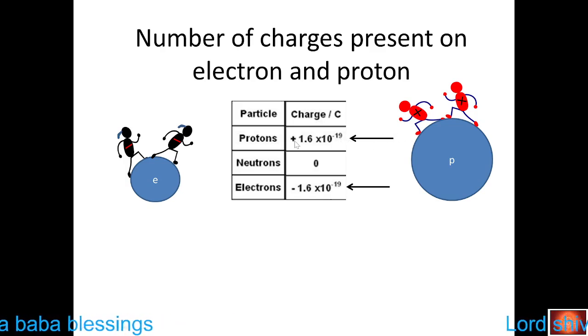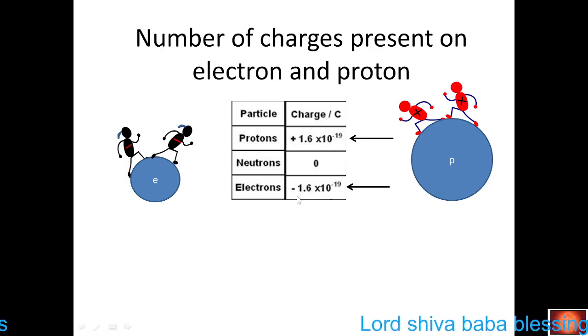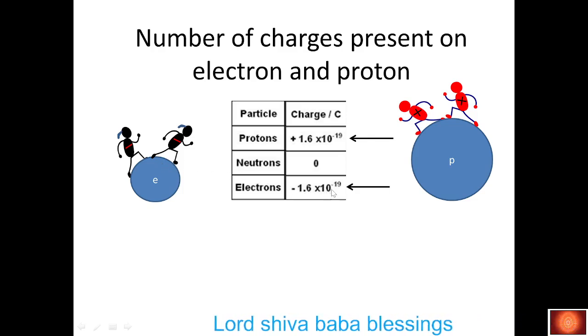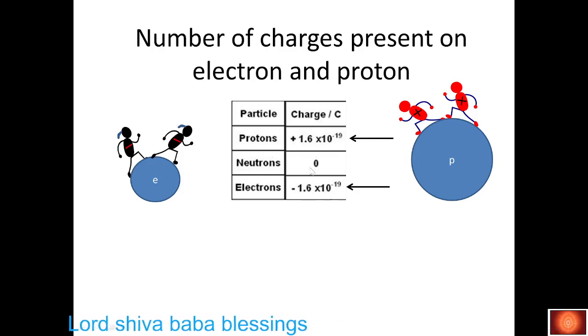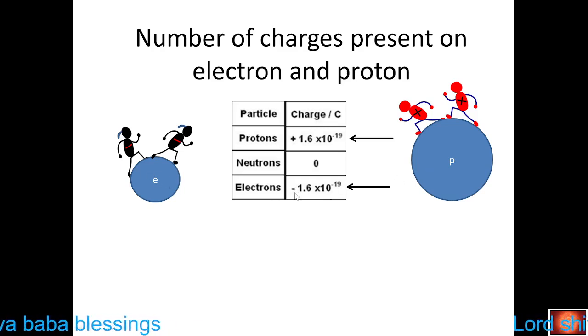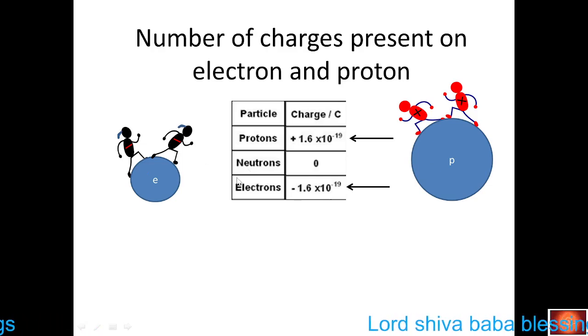It is given as plus 1.6 because it is positively charged, and it is given as minus 1.6 into 10 to the power of minus 19 because it is negatively charged. So the total amount of charge present on electron and proton is the same. The negative and positive signs indicate whether the charge is positive or negative.